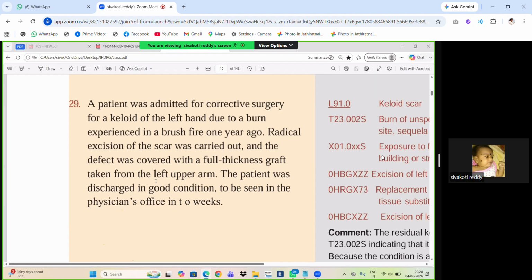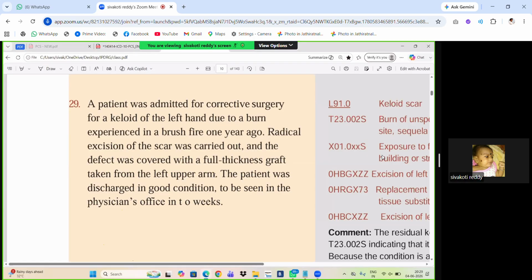Patient admitted for corrective surgery. Keloid left hand due to burn experienced in bushfire 1 year ago. Radical excision of the scar was carried out and the defect was covered with full thickness graft taken from left upper arm. The patient was discharged.